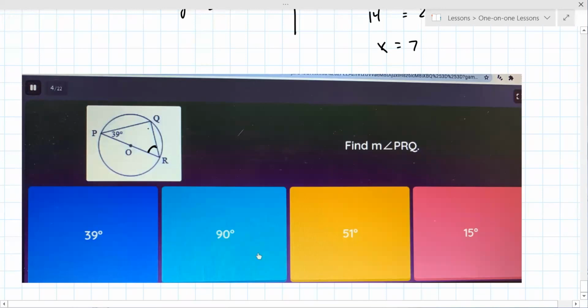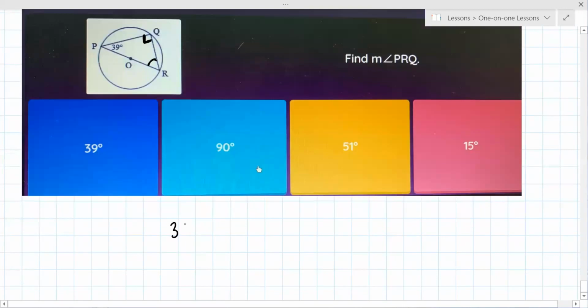It's always 90 degrees, yeah. So if we know that angle, we know that 39 plus 90 plus R has to equal 180, because all the angles in the triangle must add up to 180. So R ends up equaling 51 degrees.